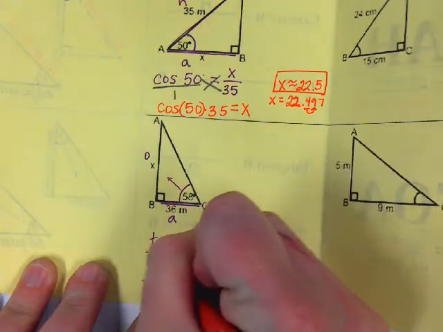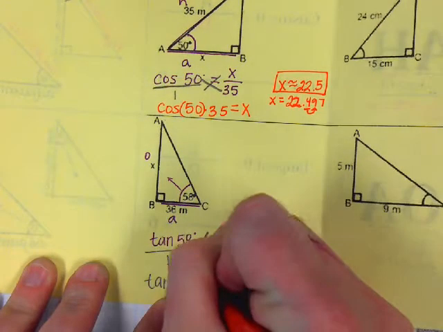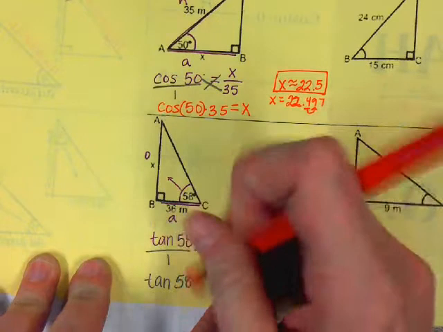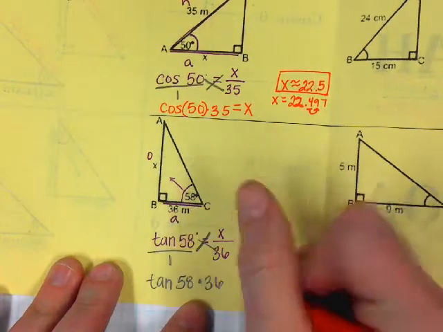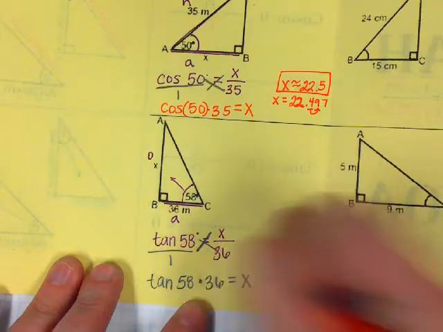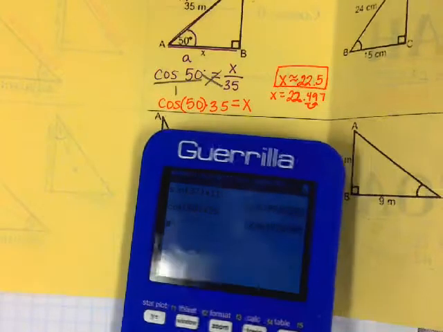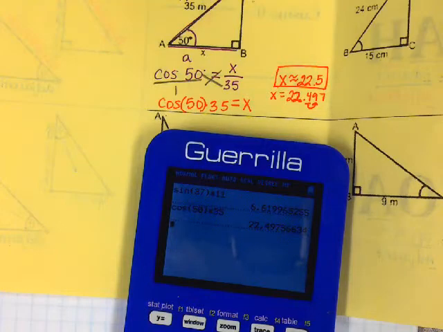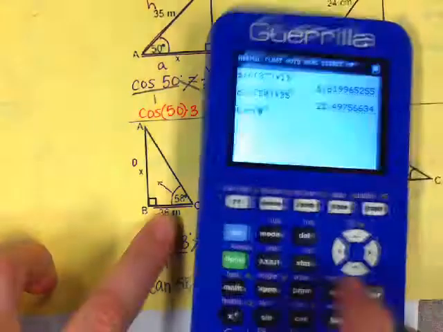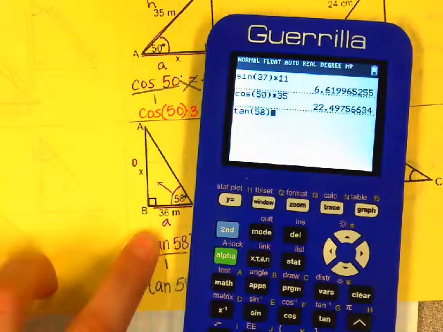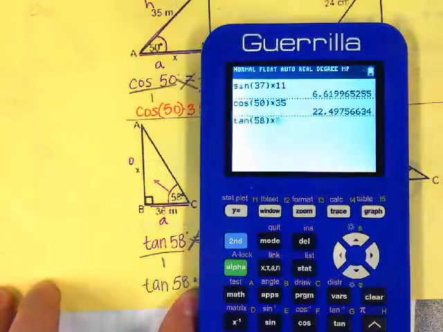Again, we're going to cross multiply, so put it over 1, cross multiply. So it'd be tangent of 58 is equal, oh, sorry, I forgot to multiply. Tangent of 58 times 36 equals x. So I'm going to now hit the tangent button.